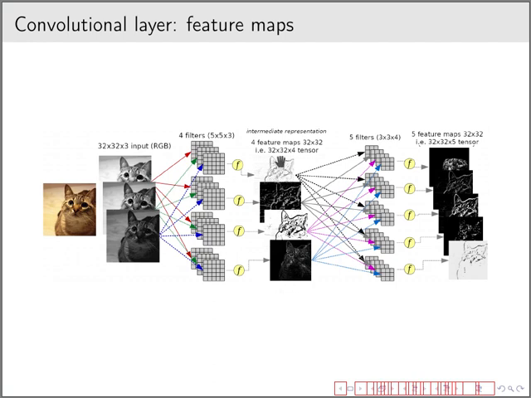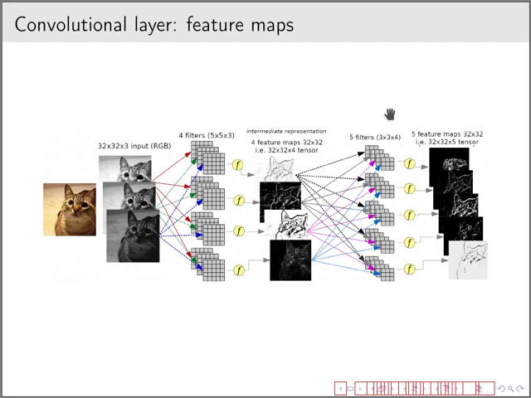In the end, I'm going to have a 32 by 32 by 4 tensor. It is called a tensor because it's an extrapolation of the matrix concept, in which every pixel is represented by a vector. Now, because I want to use this output as the input of the next layer, let's say the next convolutional layer is composed of 3 by 3 filters.